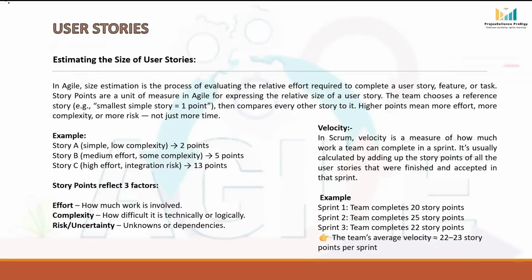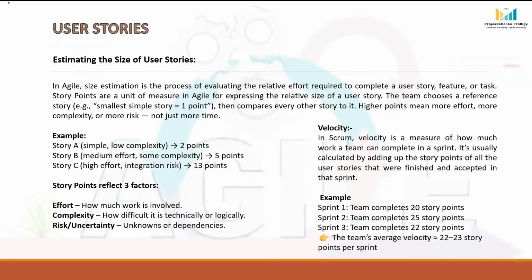Here is a quick example. Suppose story A is simple and straightforward, so we will give it 2 points. And story B needs moderate work and has some tricky parts, so we will give it 5 points. And story C needs lots of effort, dependencies and risk, so we will give it 13 points.